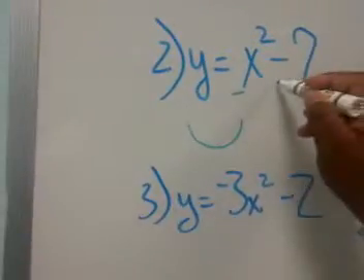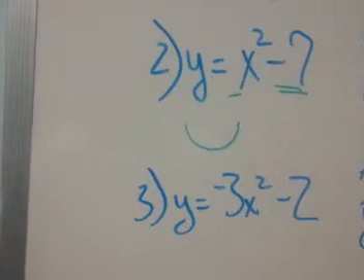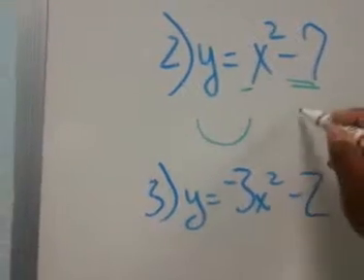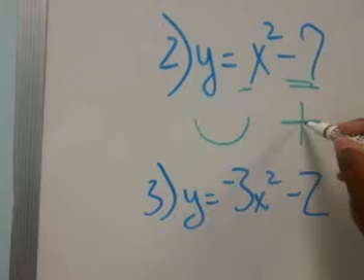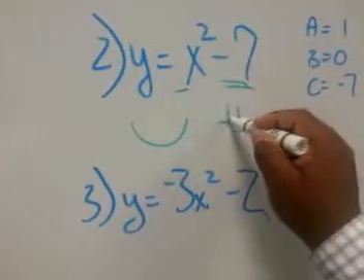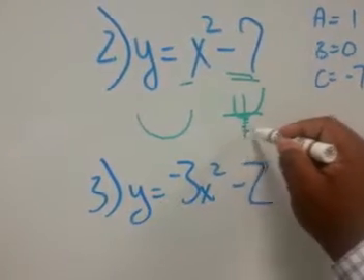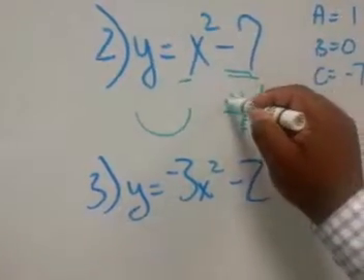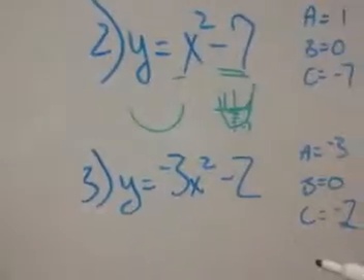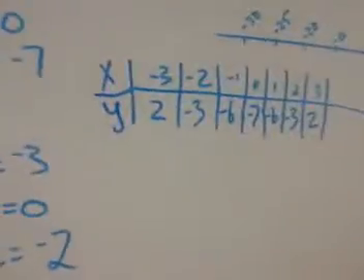But because of this c here, that negative 7, that tells me that the vertex is going to go all the way down to negative 7, and it's going to kind of go down like that. But let's graph it and see how that works.